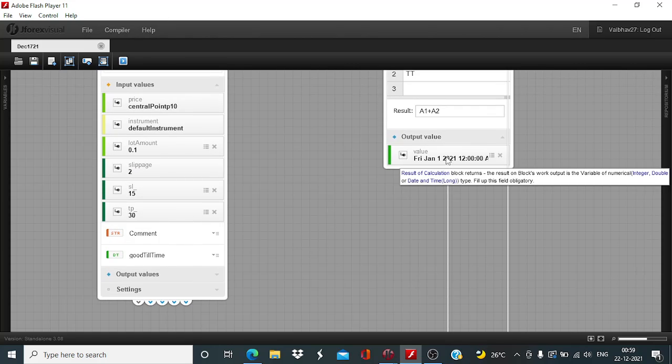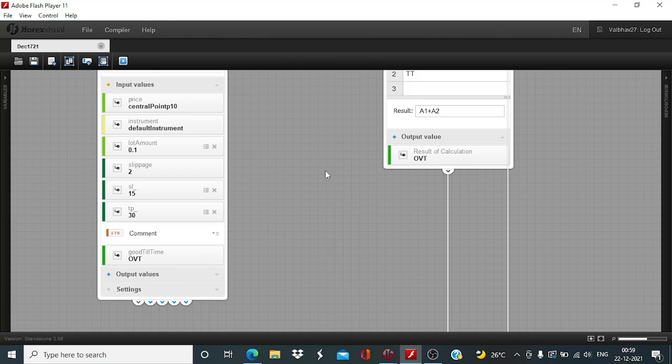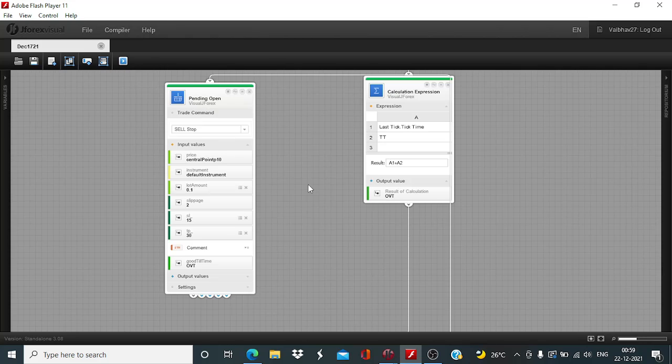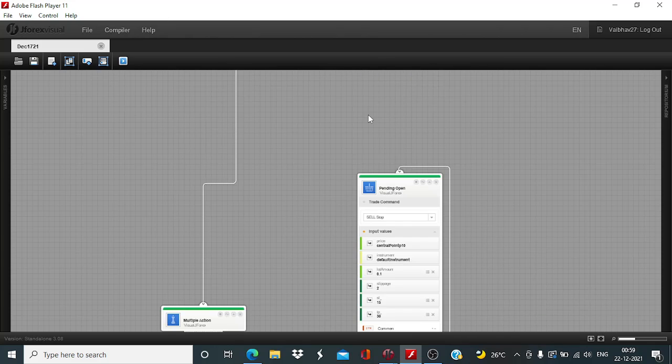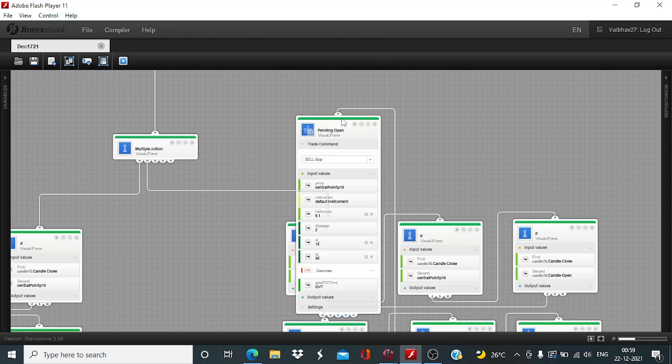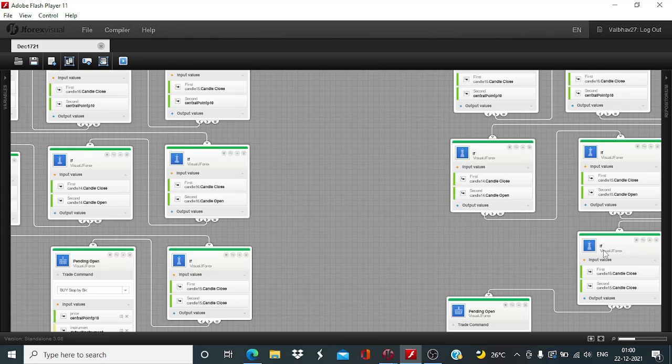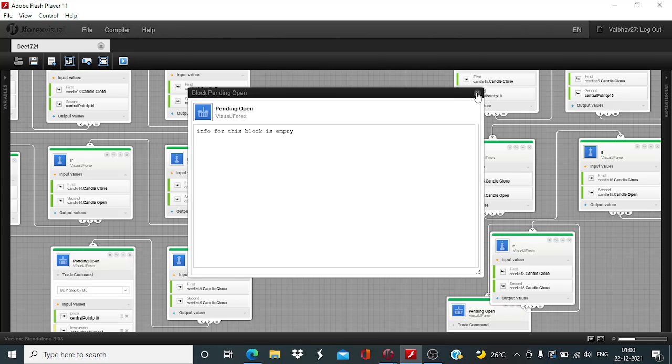Order validity, we had defined it last time around, which is 1 hour, so we use it as it is. And with this, our formation of the sell side is complete, and it is looking quite symmetric.